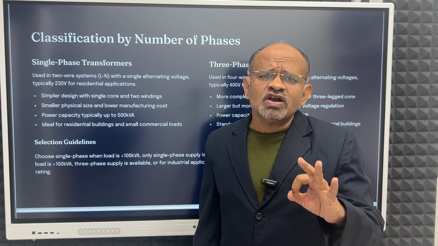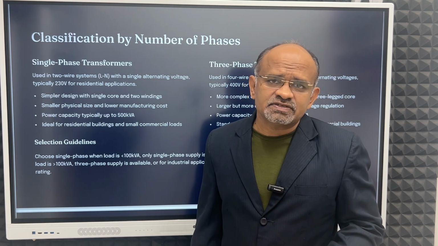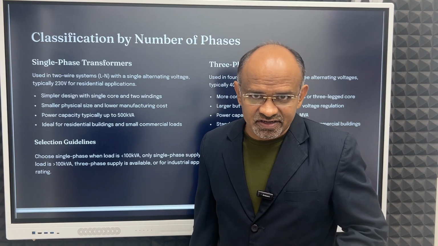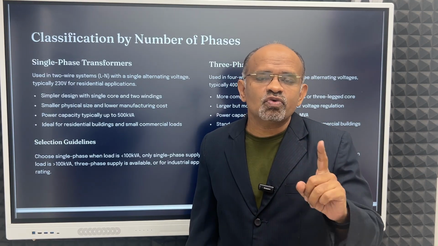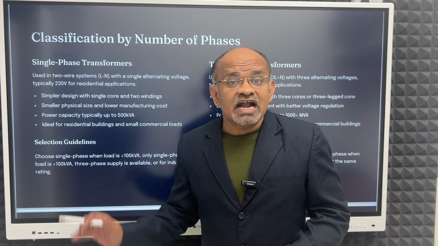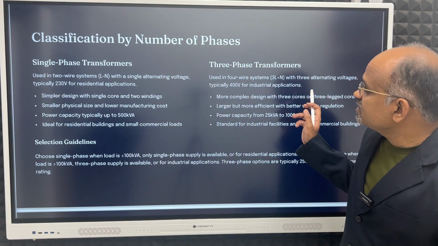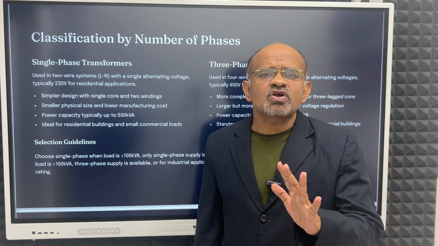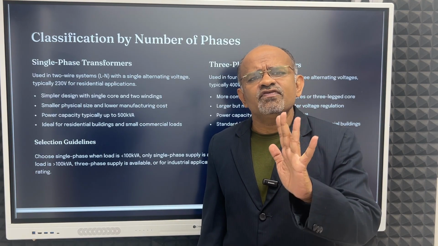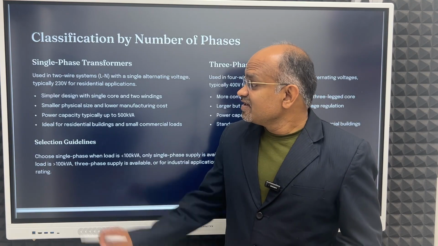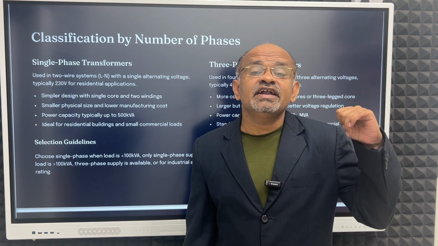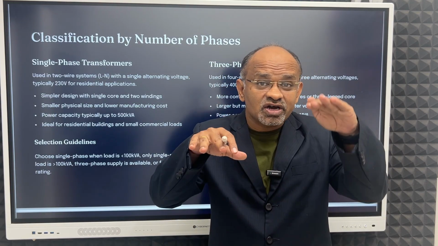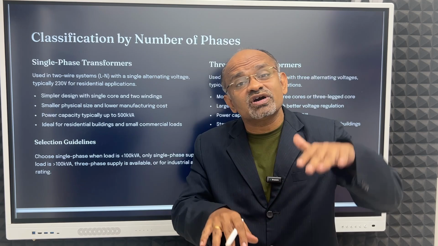For just a 100 kVA transformer, let's take an example, it will draw 417 ampere current. And for the same capacity, 100 kVA, a three-phase transformer will draw only 144 ampere current. 417, 144. See the difference. Here voltage is higher, so current is less. Here voltage is less, so current will be more.